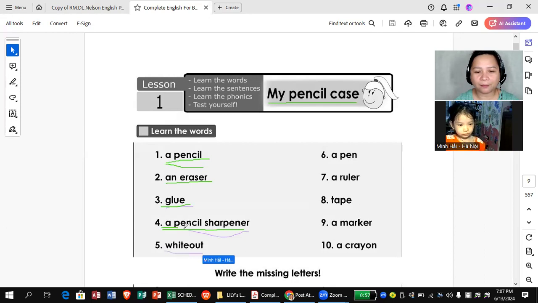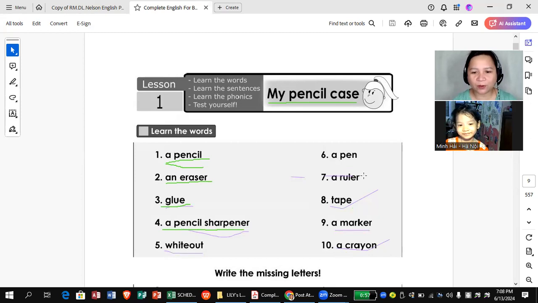Again, a pencil sharpener. Very good. A pen. A ruler. A tape. A marker. A crayon. Okay, very good.